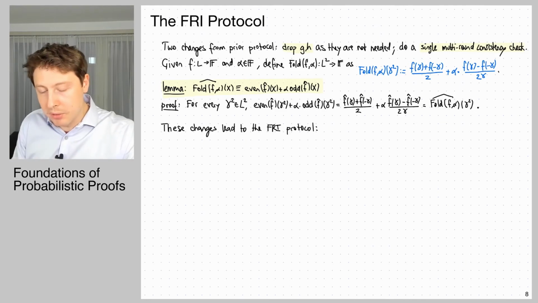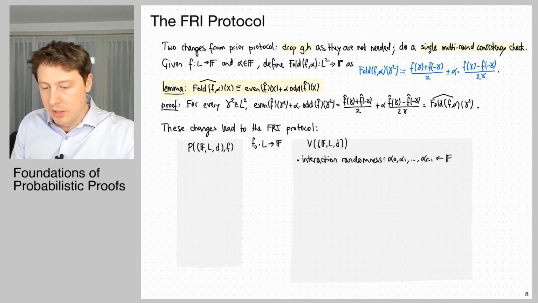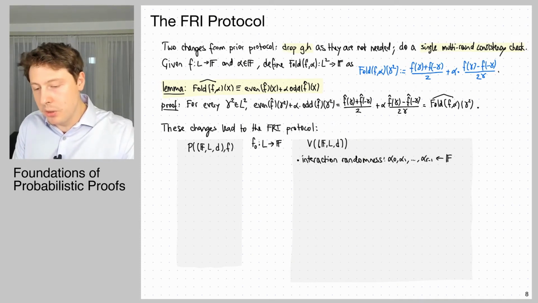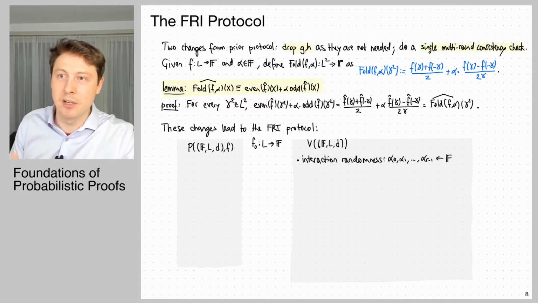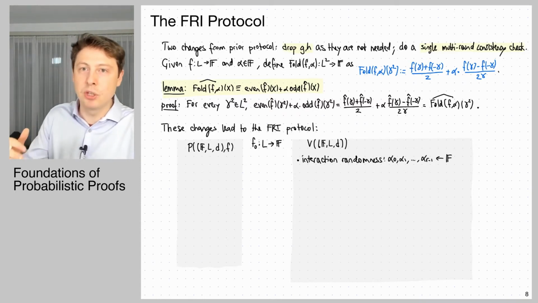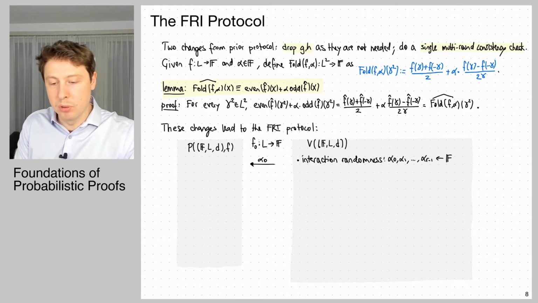So these changes lead to the FRI protocol, which is described as follows. So here it is. First, the verifier is going to sample interaction randomness for each round. I am sampling all at the beginning just because I wanted it to fit in half a slide. Otherwise, you would sample it as you go through each round. It sends the first pivot to the prover.